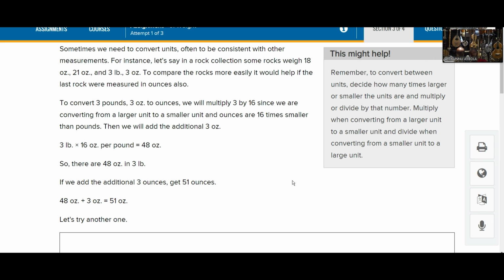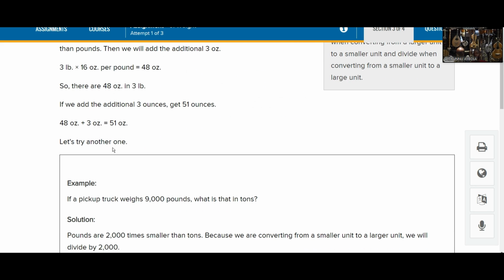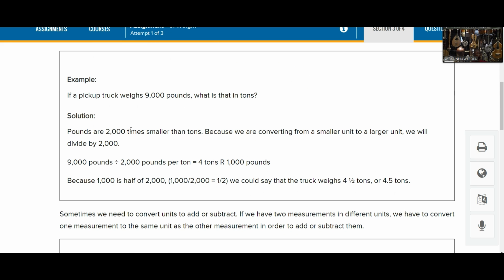Is that clear? Yes. Okay, good. Having said that, we convert by multiplying, that would be 3 times 16, that's 48. Then we add the other 3 to it, that would be 51. So we can compare 51 ounces to 21 and to 18. So let's try another one.